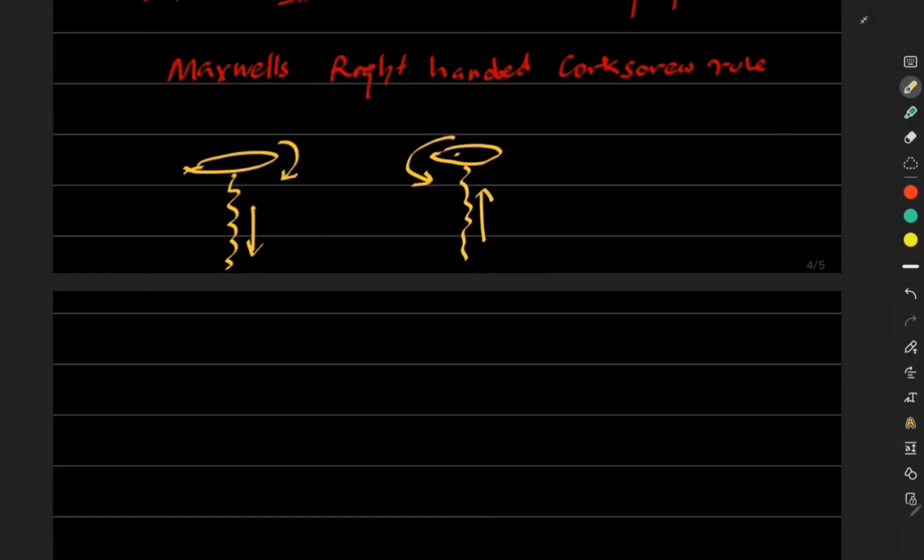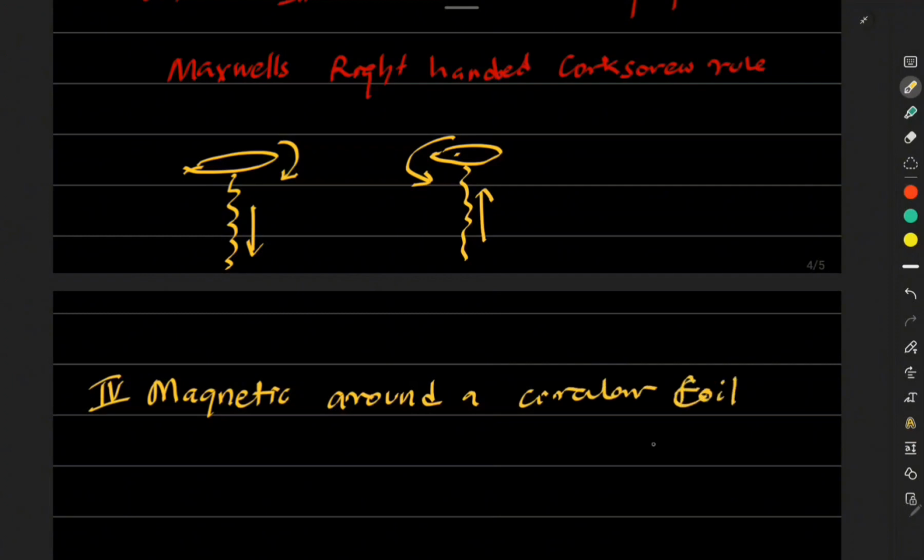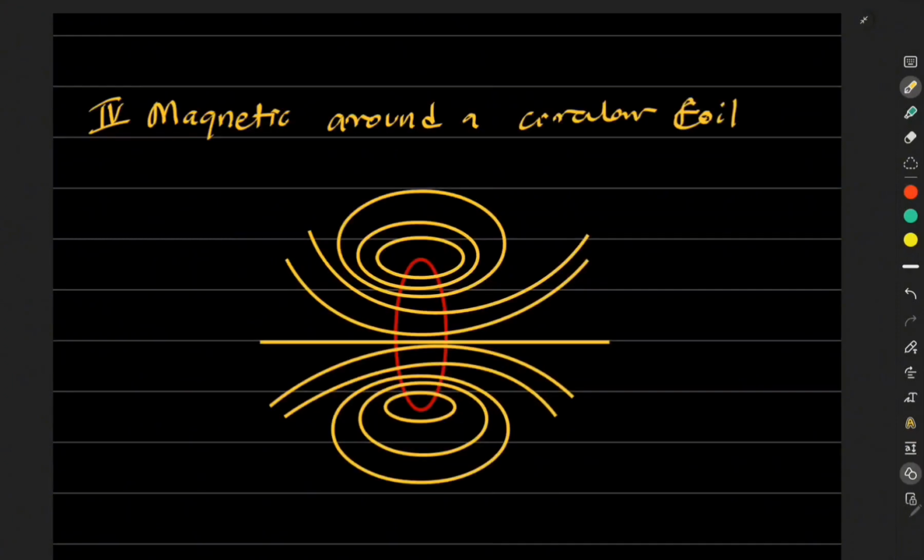Next, number 4 is the magnetic field around a circular coil. The red part is the coil and the yellow parts are the magnetic flux.